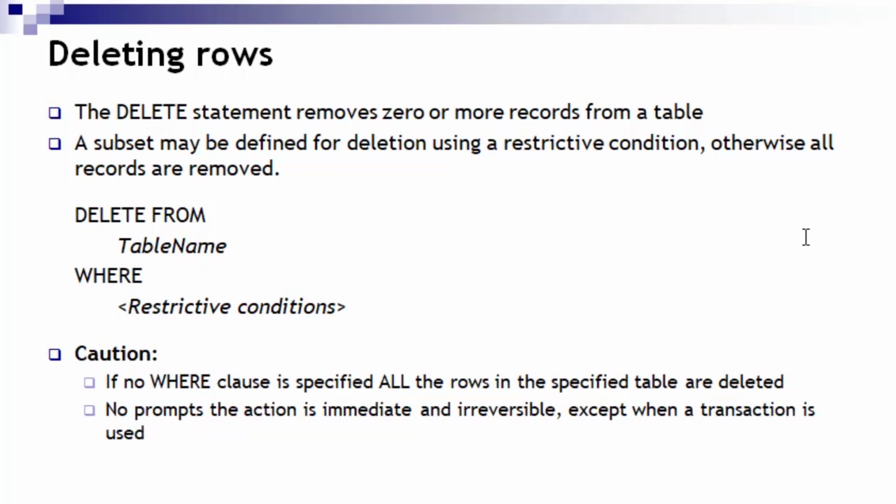Now the basic syntax to delete says delete from the actual table name where I have a restrictive condition. So what you need to note is if you do not specify a where clause, all the rows in that table will be deleted. It doesn't ask you nicely by giving a prompt. It is just going to do it.